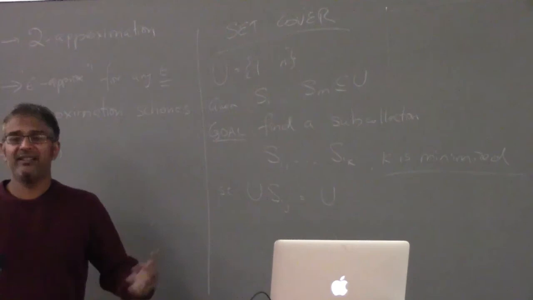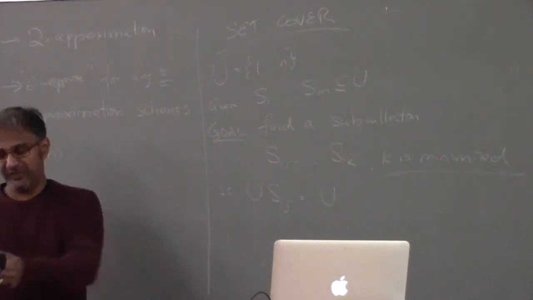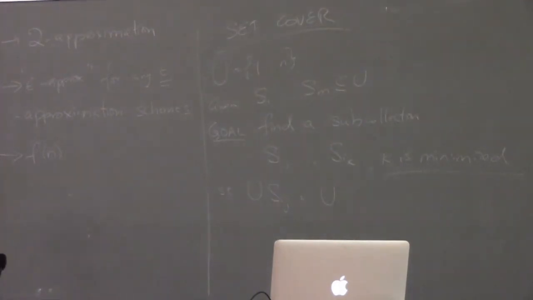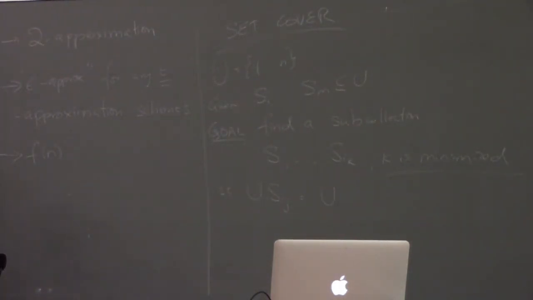Then check if anything's left to be covered. If there is, take it and take everything that covers it. We showed that this was a two approximation basically because there were two vertices touching a particular edge.